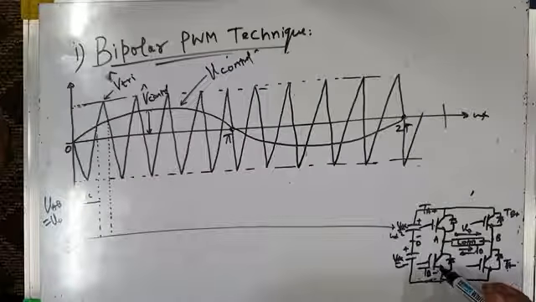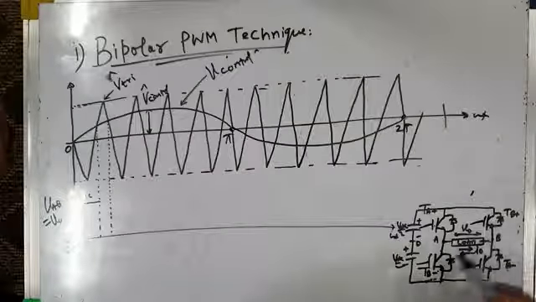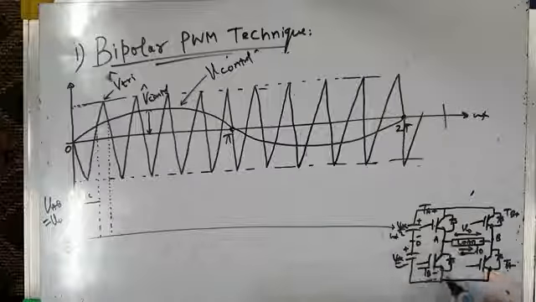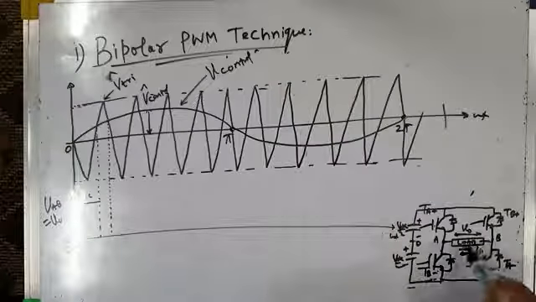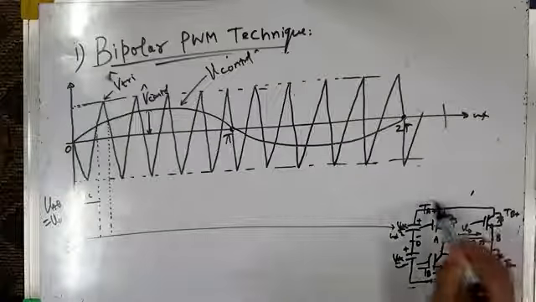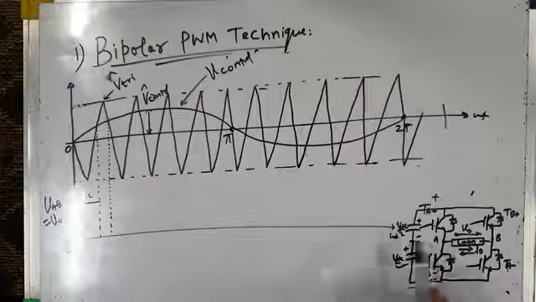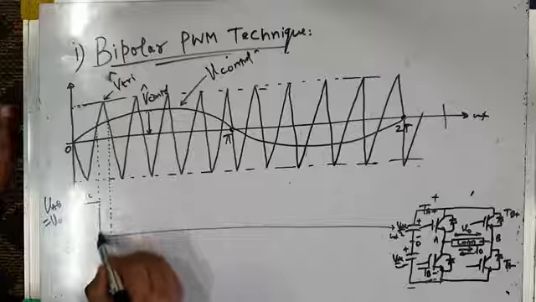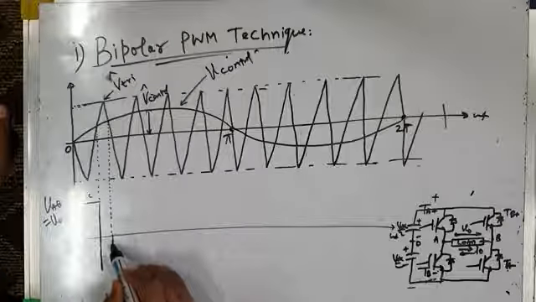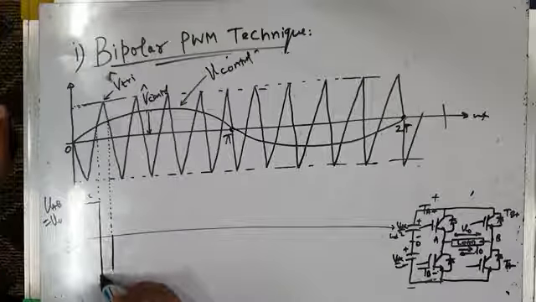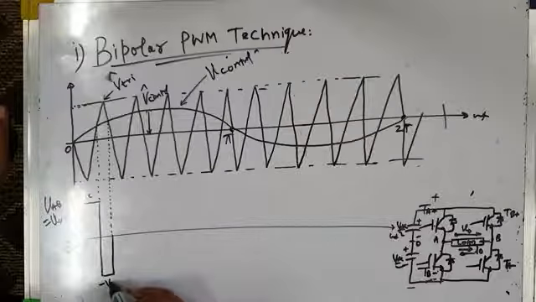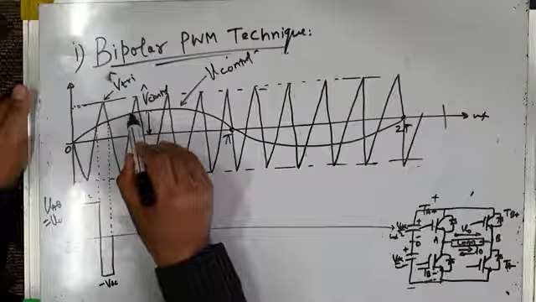So TB minus and TB plus. Since TB minus is on, A is connected to the negative DC bus, and since TB plus is on, B is connected to the positive DC bus. So what is VAB load voltage? It's minus VDC. From this to this point, minus VDC. So therefore you can continue like that.